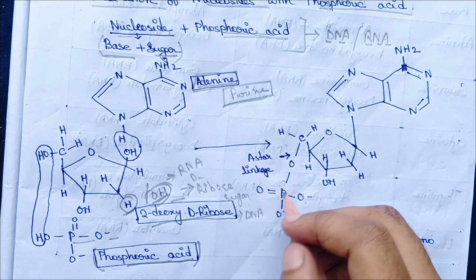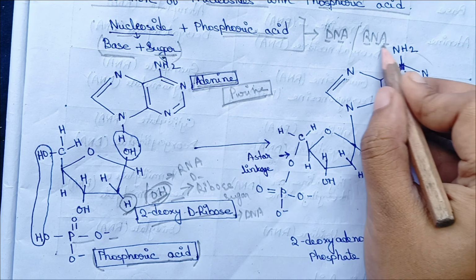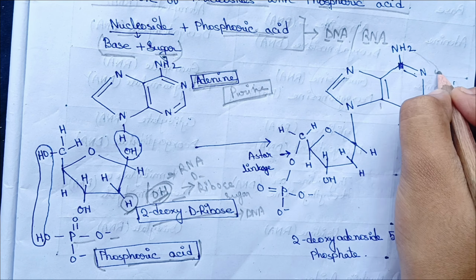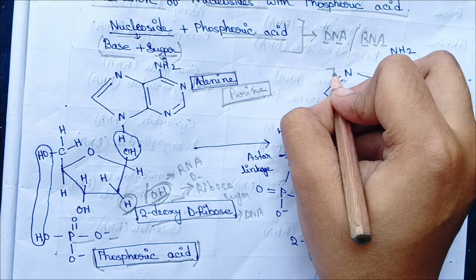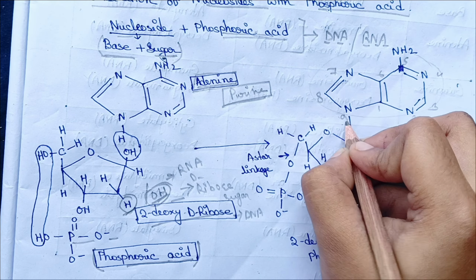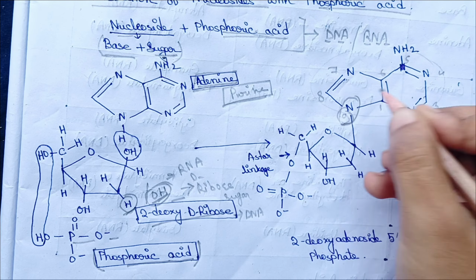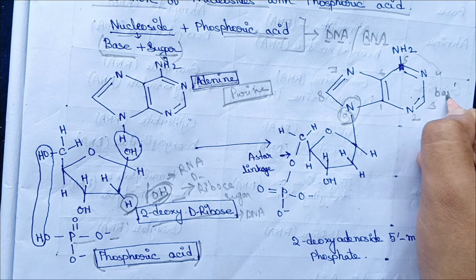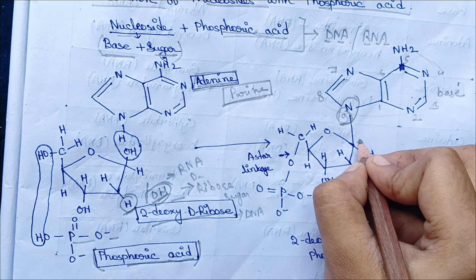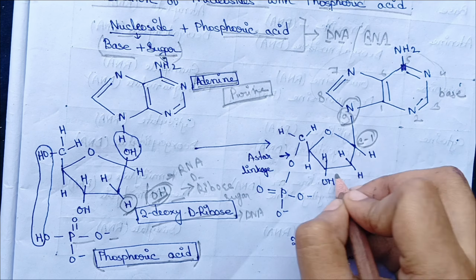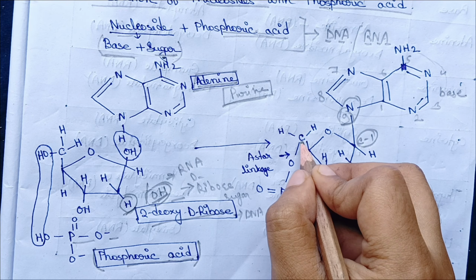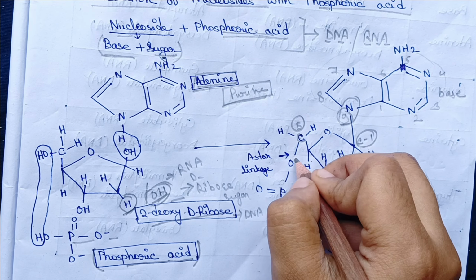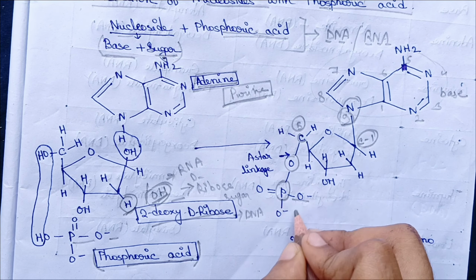So you can see this is the adenine group, 1, 2, 3, 4, 5, 6, 7, 8, 9. So N9 of the adenine group, the base, is attached with C1 of the sugar, and here this is carbon number 5 that can attach with the phosphate group.